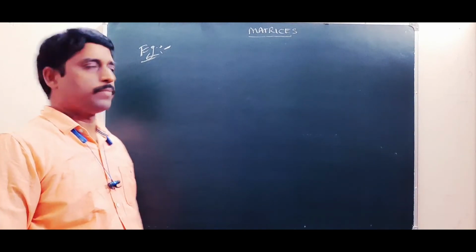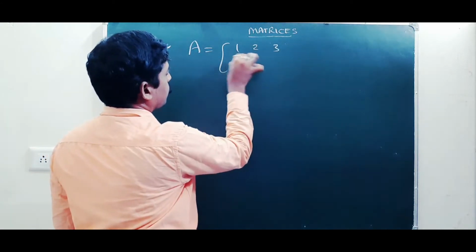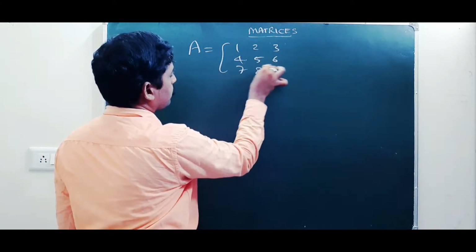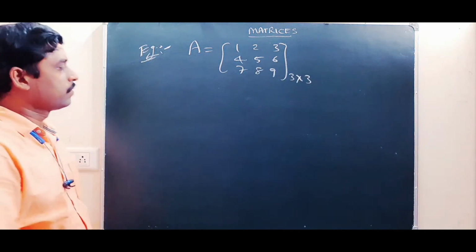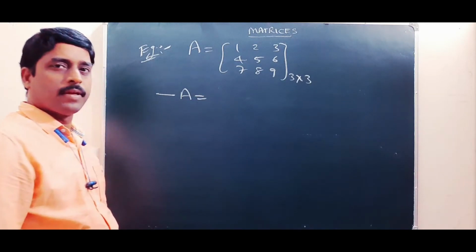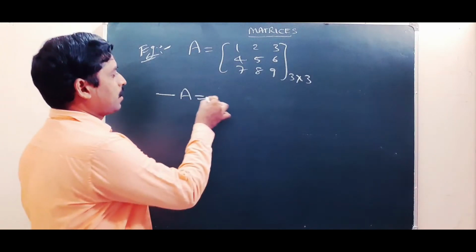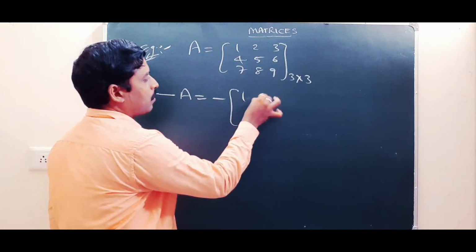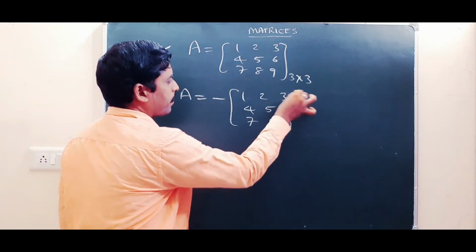One example. Let A equal 1, 2, 3, 4, 5, 6, 7, 8, 9. This is a 3 by 3 matrix. What is minus A? The additive inverse of the given matrix A. Minus A is minus of 1, 2, 3, 4, 5, 6, 7, 8, 9.